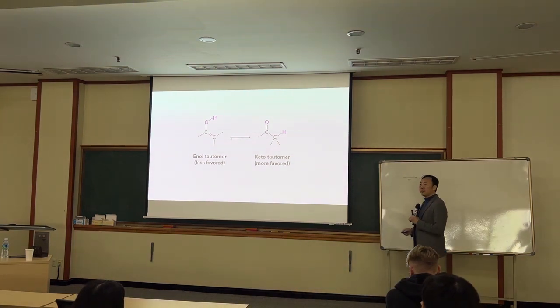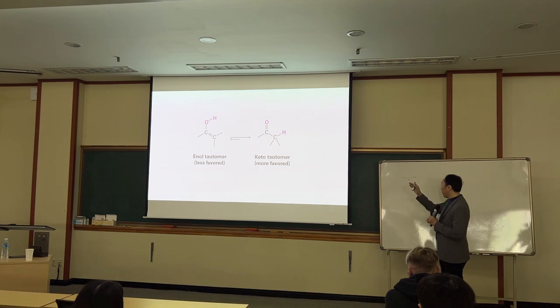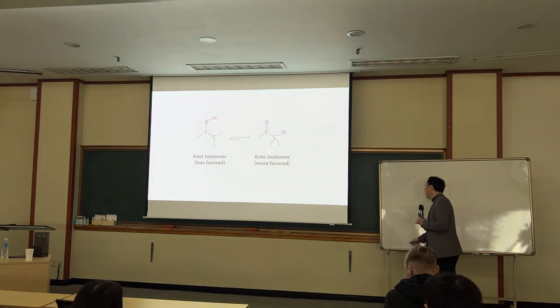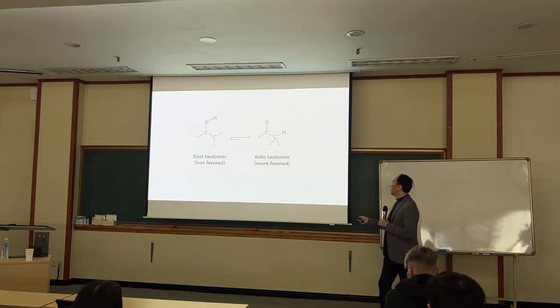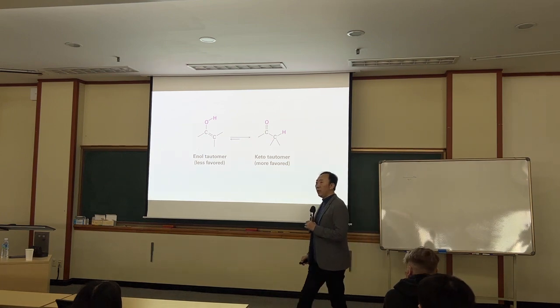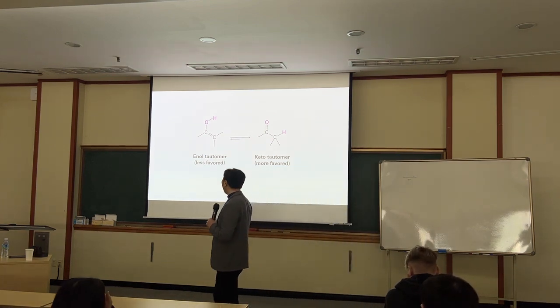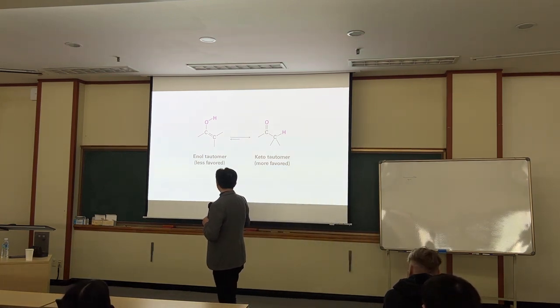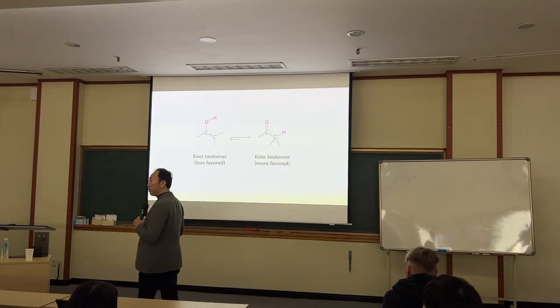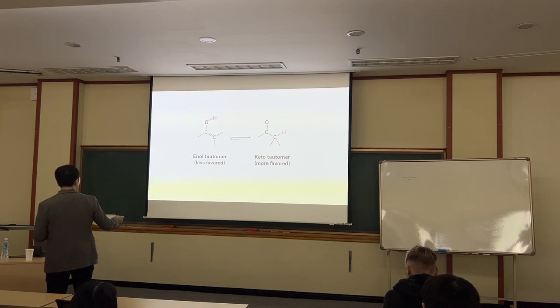Half a head, both of them are acceptable. And this is a ketone. That's why this form is called the ketone form. This is the enol form. The arrow implies which one is more stable: the ketone form is more stable, so the equilibrium just shifts this way.